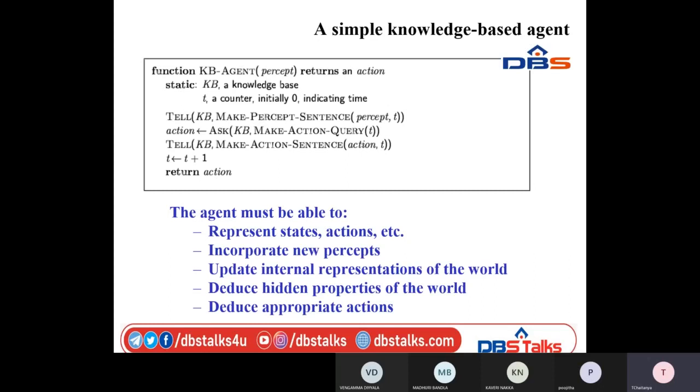The agent must be able to represent the state as well as the action, incorporate a new perception, which means that new ideology has to be incorporated with the existing one, update the internal representation of the world, deduce hidden properties of the world, and deduce the appropriate actions. So these are all the logical agent responsibilities.